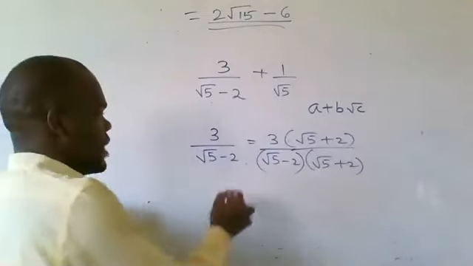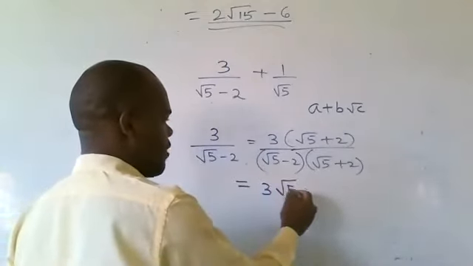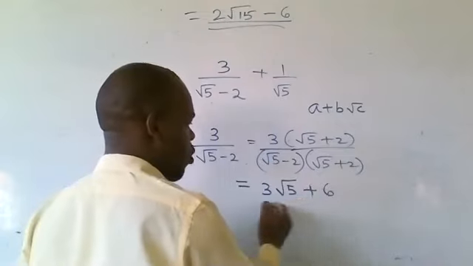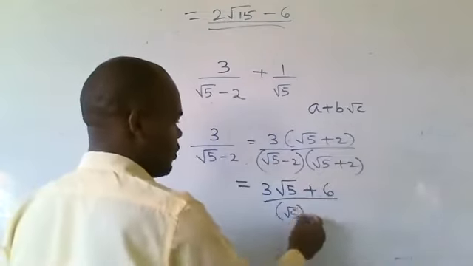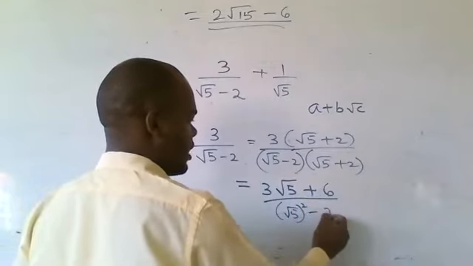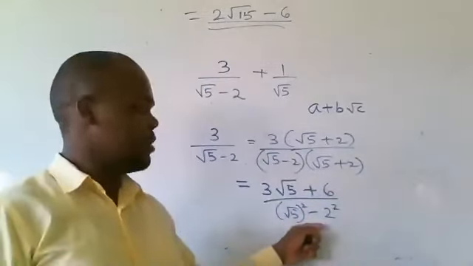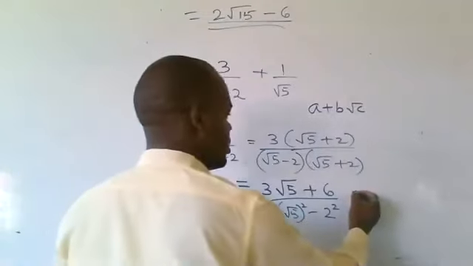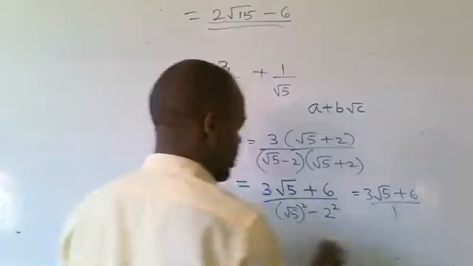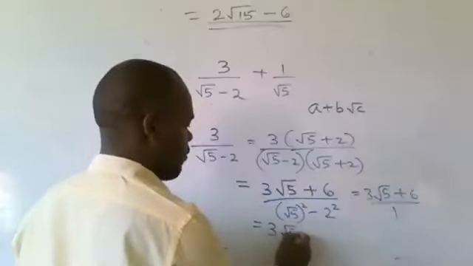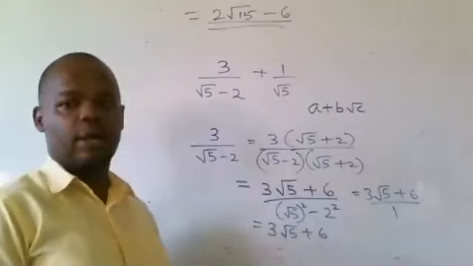And then this becomes 3 square root of 5 plus 6 over square root of 5 squared minus 2 squared. And remember, this one will be over 1. So this is 3 root 5 plus 6 over 1, which is 3 square root of 5 plus 6. We are not yet through. This is just the first one.